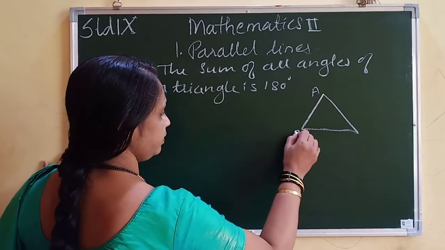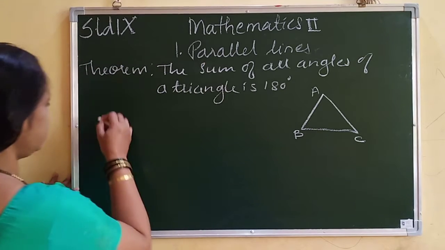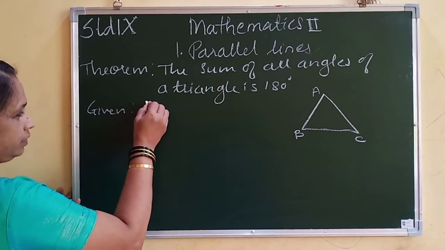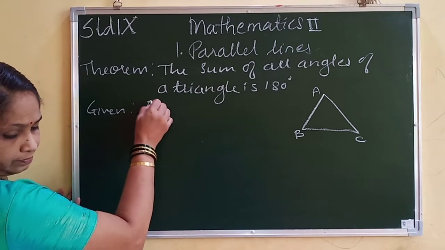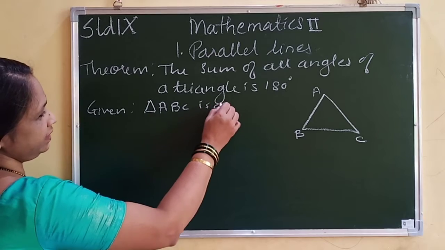Now for this we will draw the triangle ABC. What is given? Given: triangle ABC is any triangle.